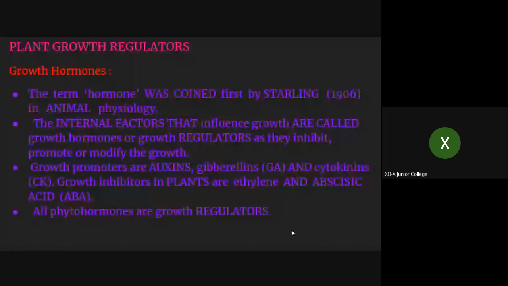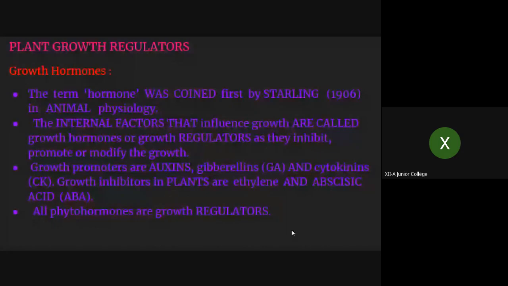The internal factors that influence growth are called growth hormones or growth regulators, as they inhibit, promote, or modify the growth. Either they are responsible for the inhibition of the growth, or promoting the growth, or modifying it. So that's why these are called regulators. They regulate.